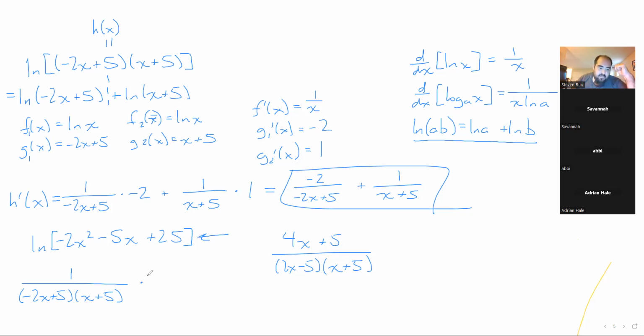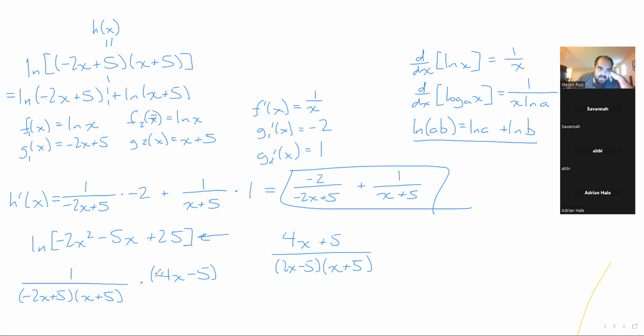So that is going to be negative 4x minus 5, right? Yeah. Okay. So here's how they got from where we are now to where they ended up. Basically, you have negative 4x minus 5.